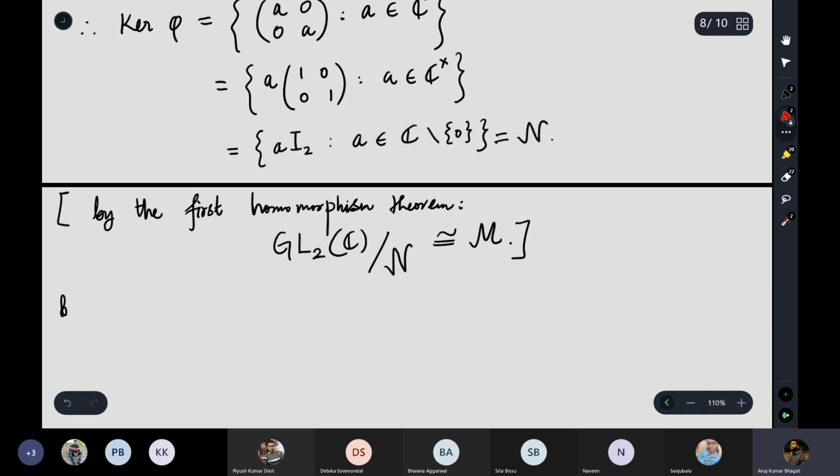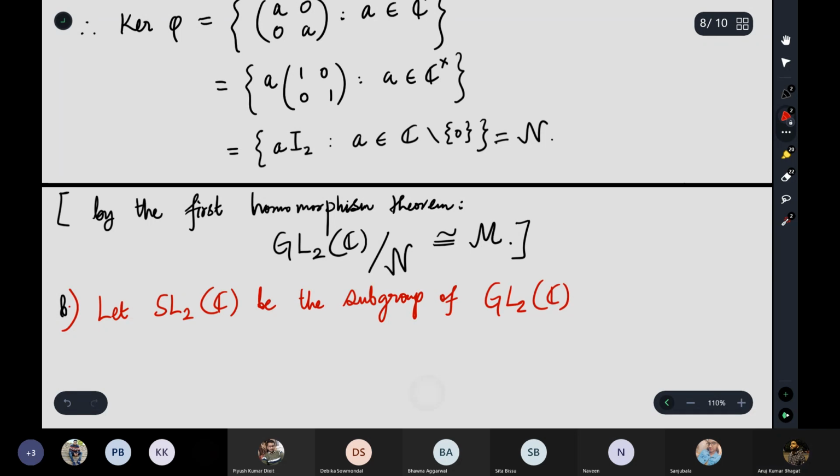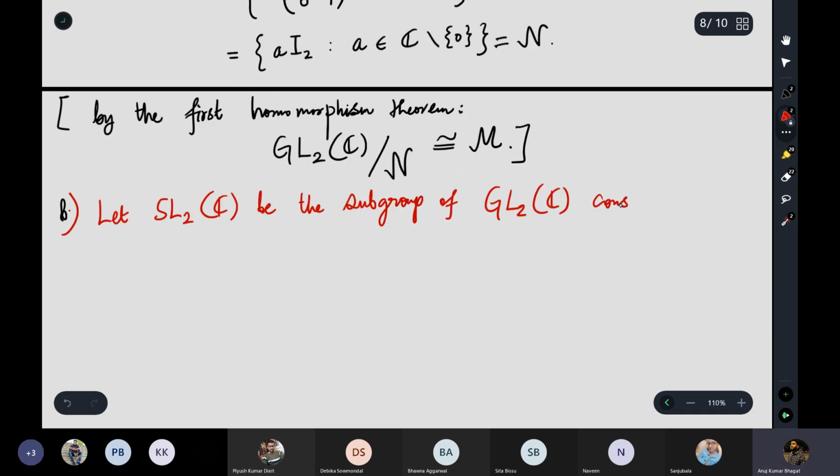Let SL2C be the subgroup of GL2C consisting of all matrices of determinant 1.